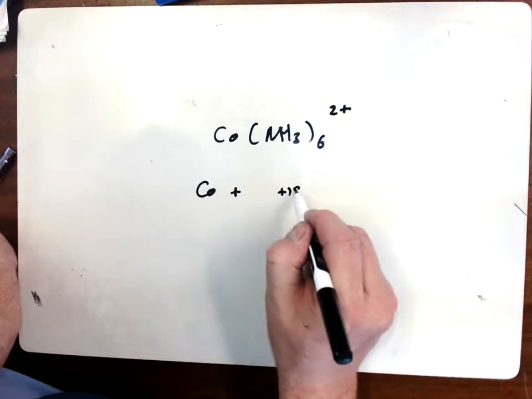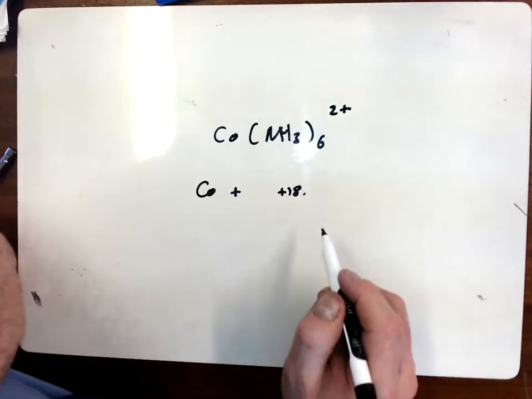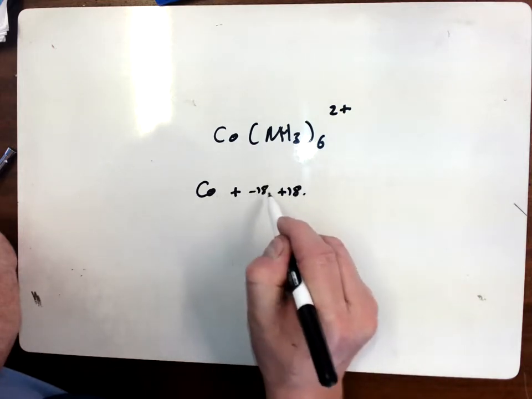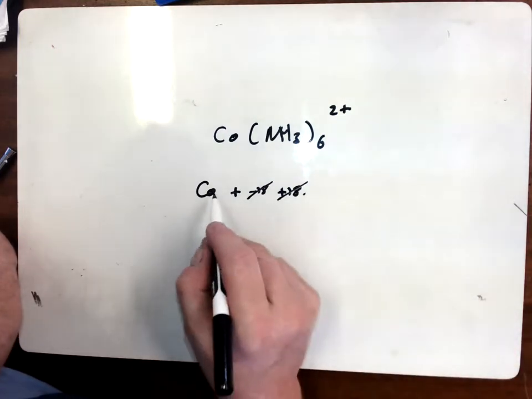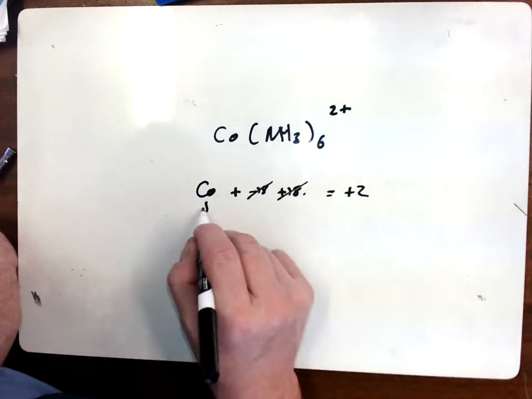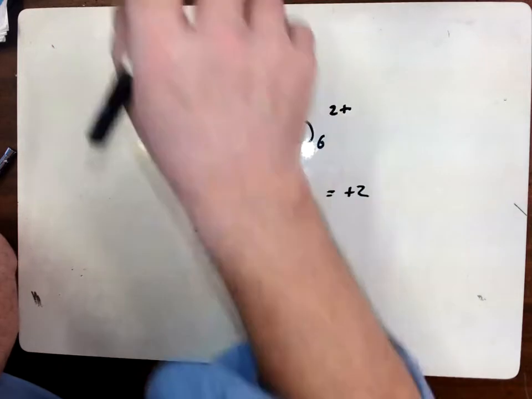So it's +18. Nitrogen is in its normal oxidation state here, which is -3, so that is -18. Now what we can do is the +18 and -18 can simply cancel each other out. So cobalt therefore equals +2. So again, cobalt is in its +2 oxidation state.